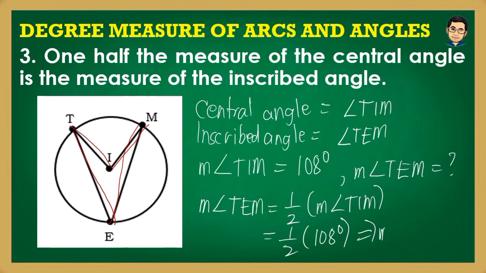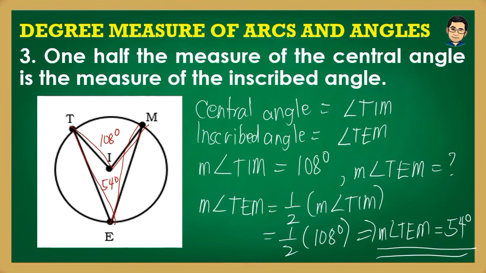The measure of TEM is 108 divided by 2, that is 54 degrees. That is the measure of our inscribed angle. Let's write it here to be clear: this is 108 degrees, and this is 54 degrees.